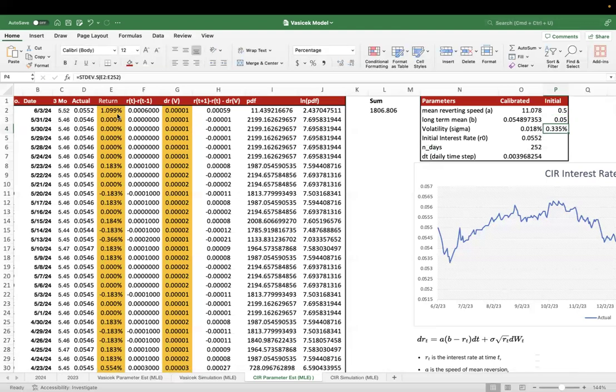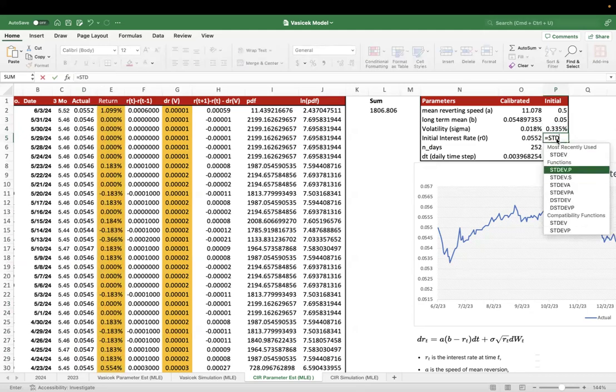So that's why, in the first component, we converted the 3 month rate into decimal form, then calculated the returns, which is today's interest rate divided by yesterday's interest rate minus 1, and then using this we calculated the standard deviation dot sample. Now you might be thinking, we have two formulas, STDEV.P and STDEV.S, standard deviation population and sample.